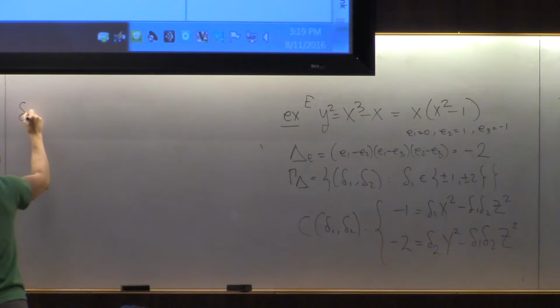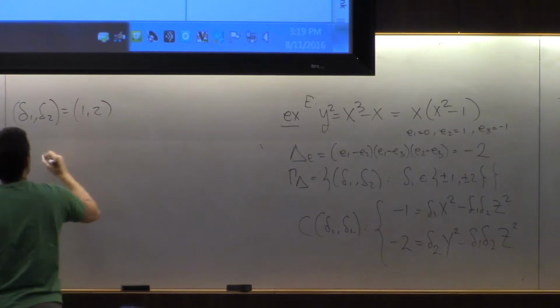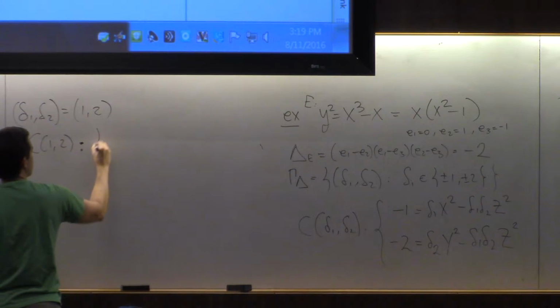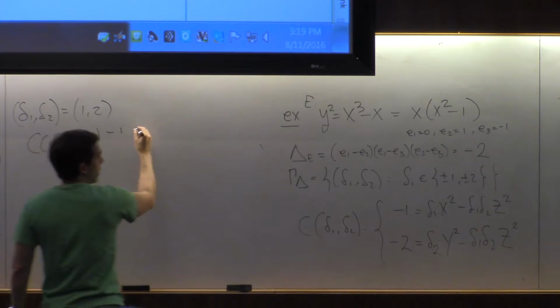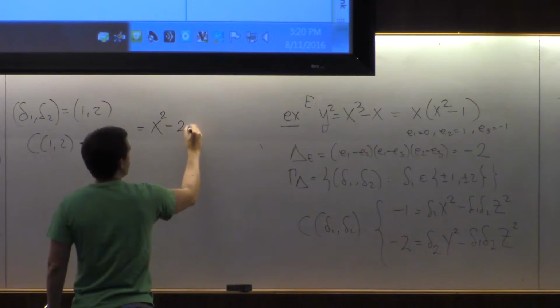So what about (1, 2)? The space C12 is -1 equals x squared minus 2z.